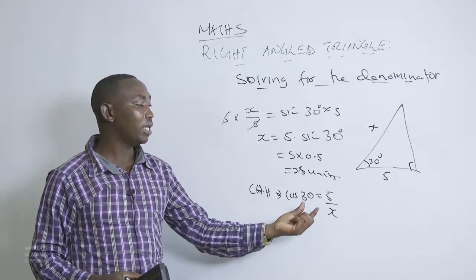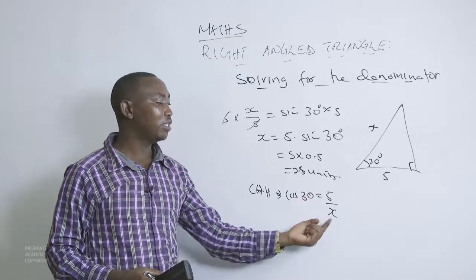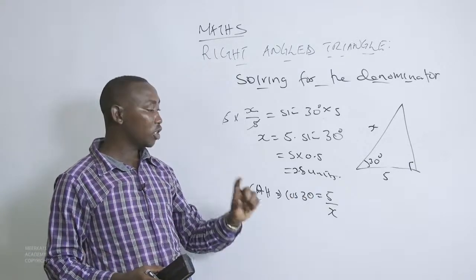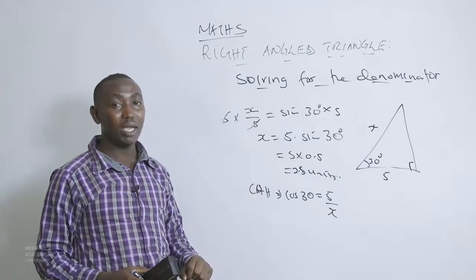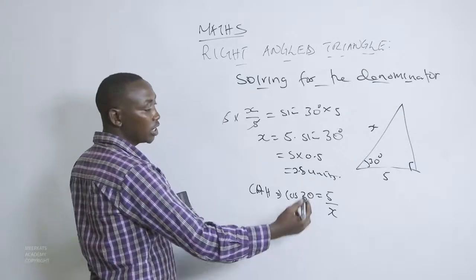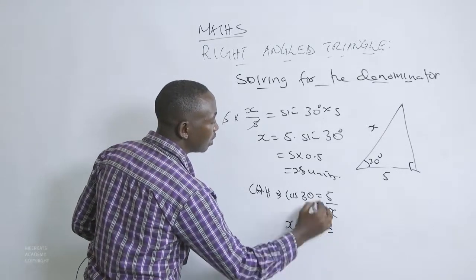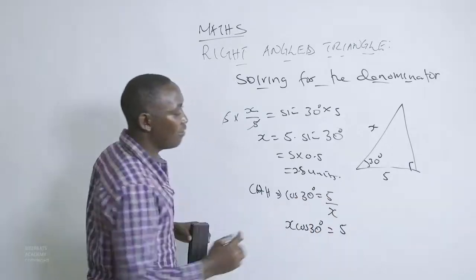We can get that particular value of x by first eliminating it from the denominator. For us to eliminate x from the denominator, you must multiply both sides by x. When you multiply both sides by x, you'll get x cos 30 degrees is equal to 5.